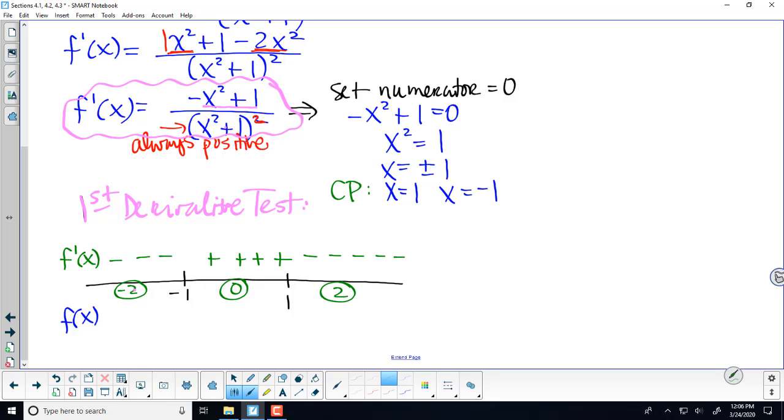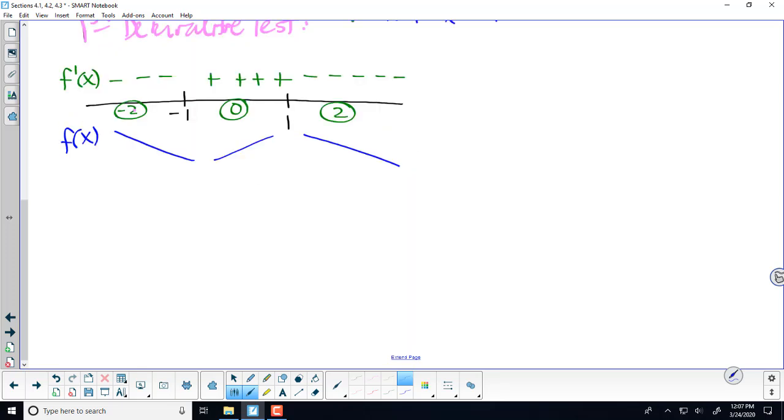I get a negative. So that tells me then that my function is decreasing, then it's increasing, then it's decreasing. So that means then that at -1, I have a local min, and at 1, I have a local max. Okay?